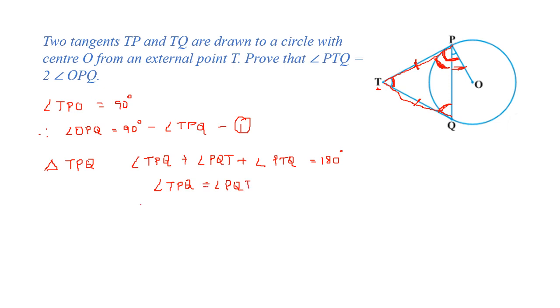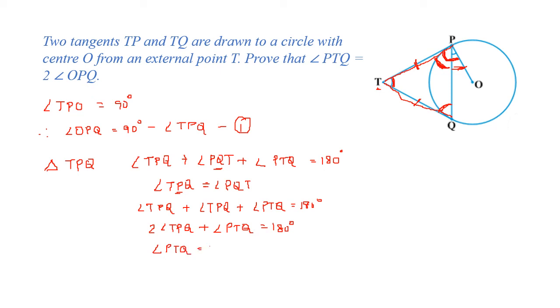So I can write this now as angle TPQ plus angle PQT. This one is equal to TPQ. So I'll write again angle TPQ plus angle TPQ plus angle PTQ equal to 180 degrees. So we've got twice angle TPQ plus angle PTQ equal to 180 degrees, or I can write angle PTQ equal to 180 degrees minus twice angle TPQ.